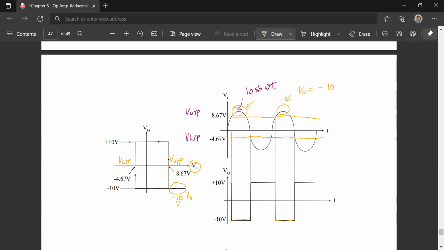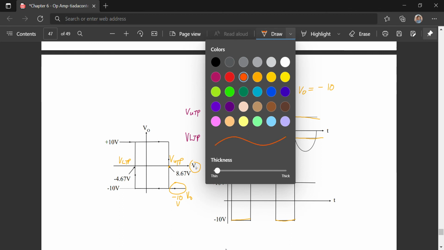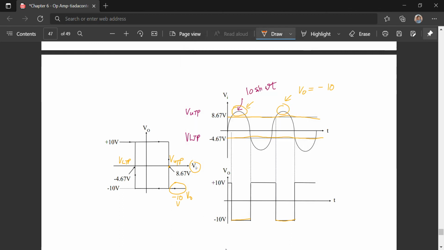And then if your Vin is greater than VLTP, Vin greater than VLTP means the signal is pointing in this direction, and you will get Vout positive 10 volt.